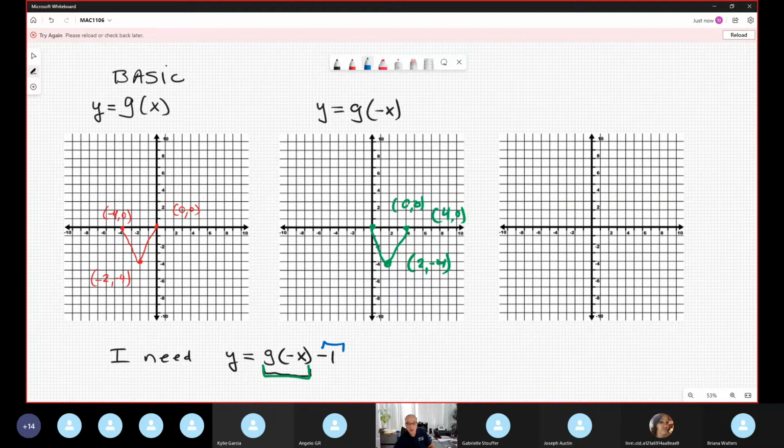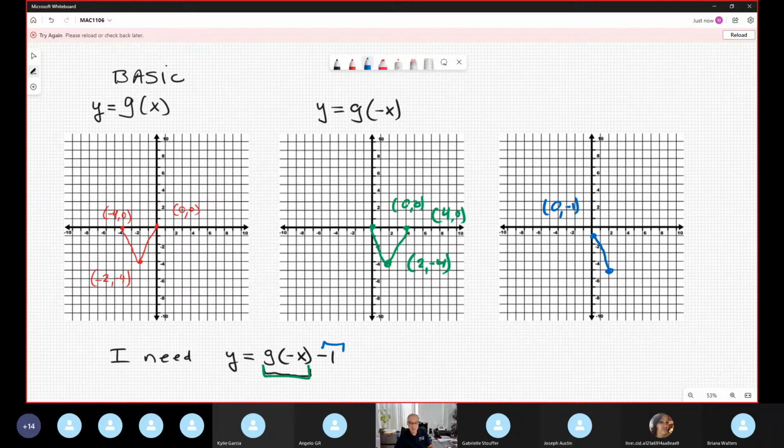For example, the origin (0, 0) would be (0, -1). This point would be (2, -5), because the action is you subtract 1 only in the y component and the x component stays the same, doesn't change.